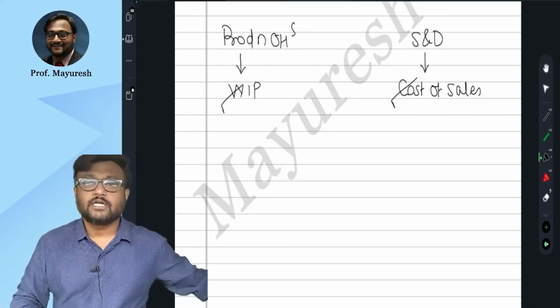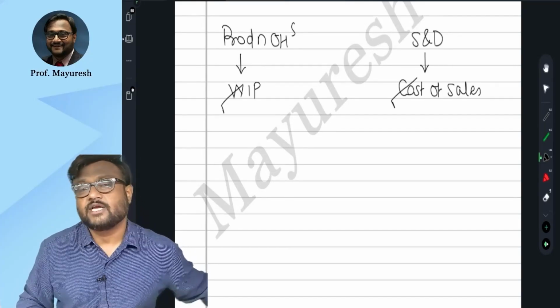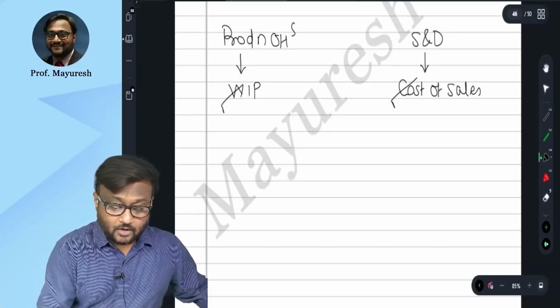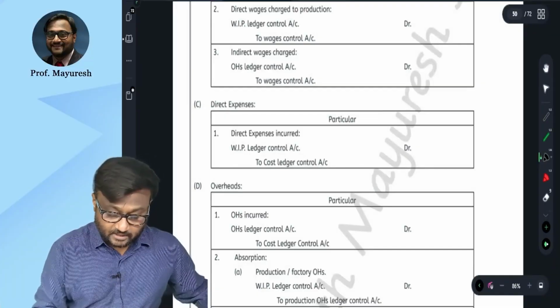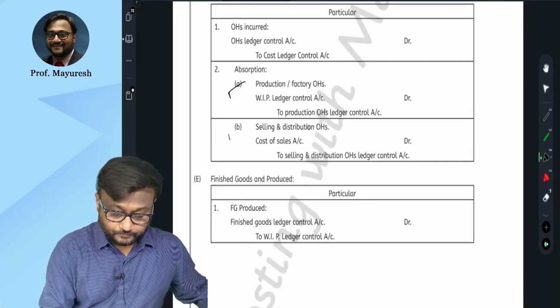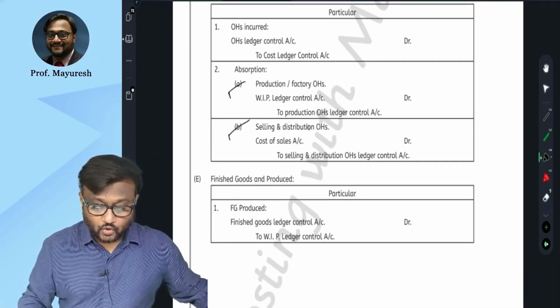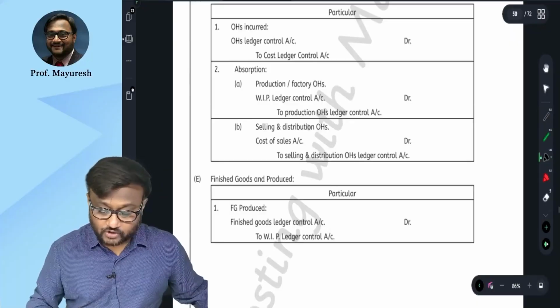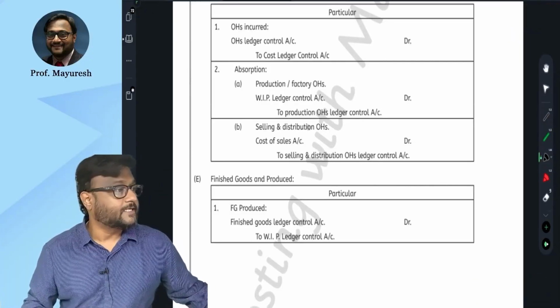So I want it to be part of cost of sales directly. It should not be part of production cost. So it will be directly posted to cost of sales. So kindly see those entries. Production overheads, WIP to production overheads, selling and distribution, cost of sales to selling and distribution. Am I right?